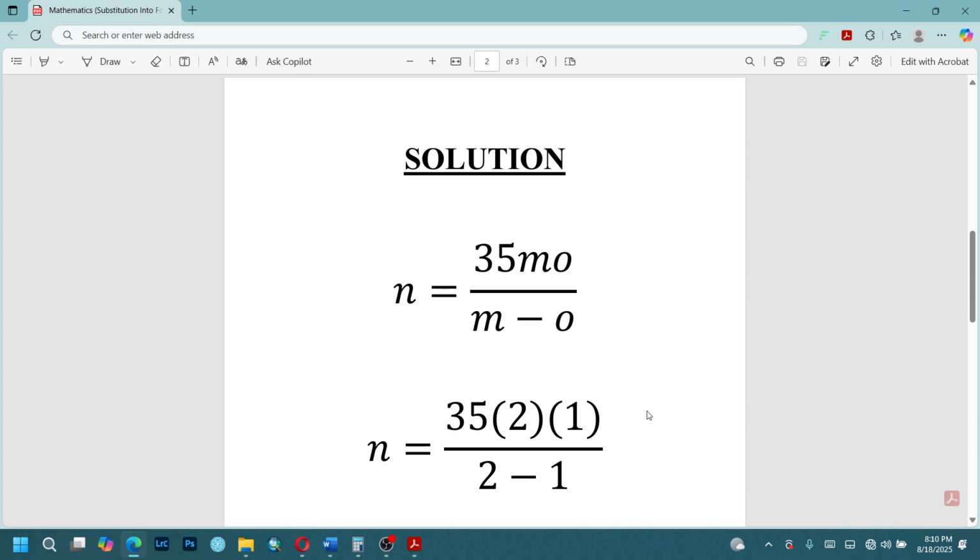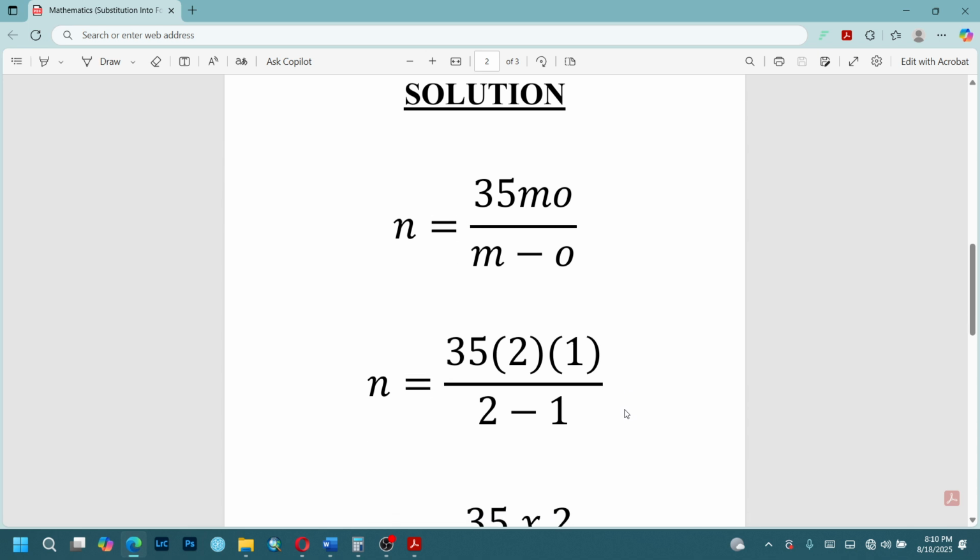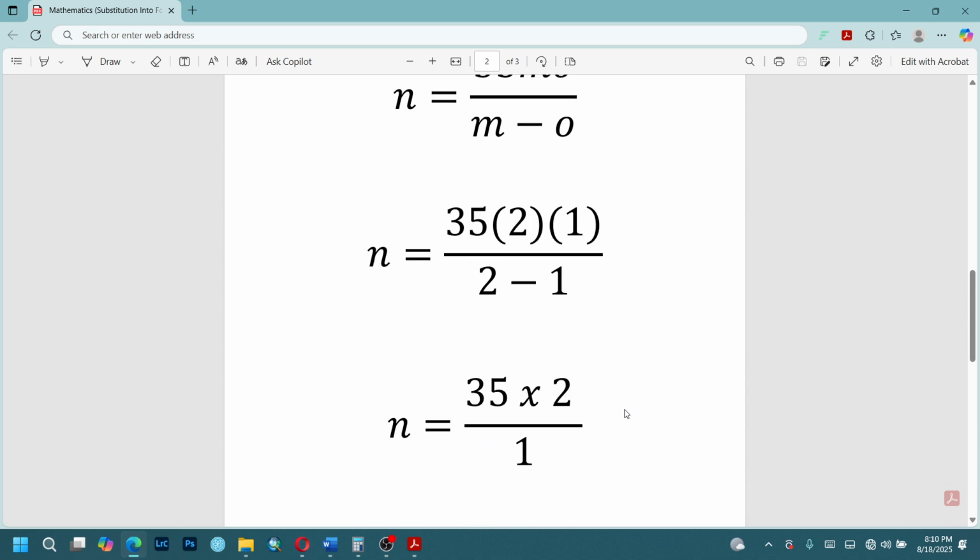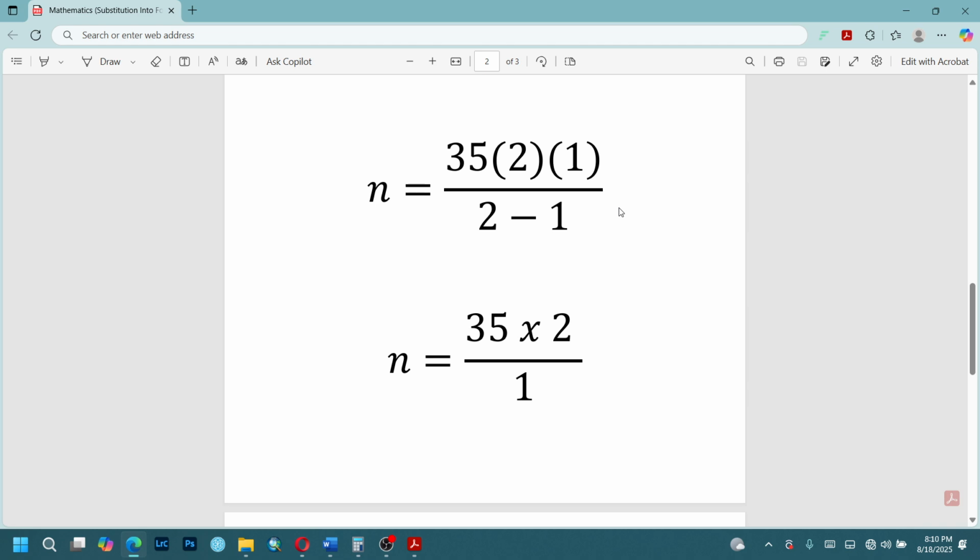So let's quickly break down the equation, right? So 2 multiplying 1, 2 times 1 is 2, right? So we are going to have our n to be the fraction 35 multiplying 2 over 1 because 2 minus 1 is 1, right?